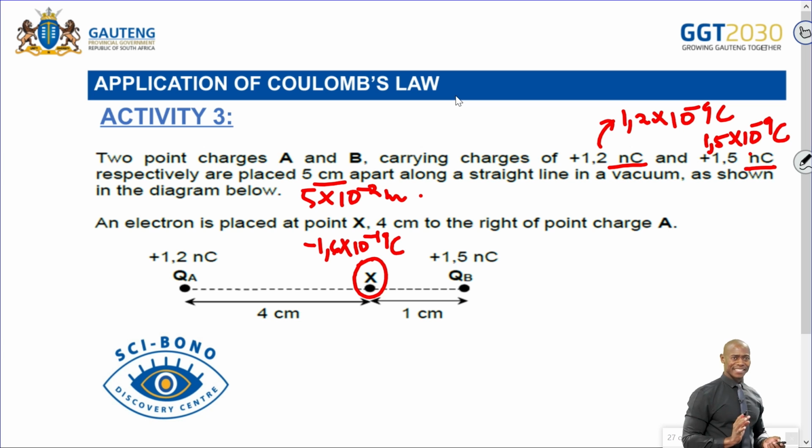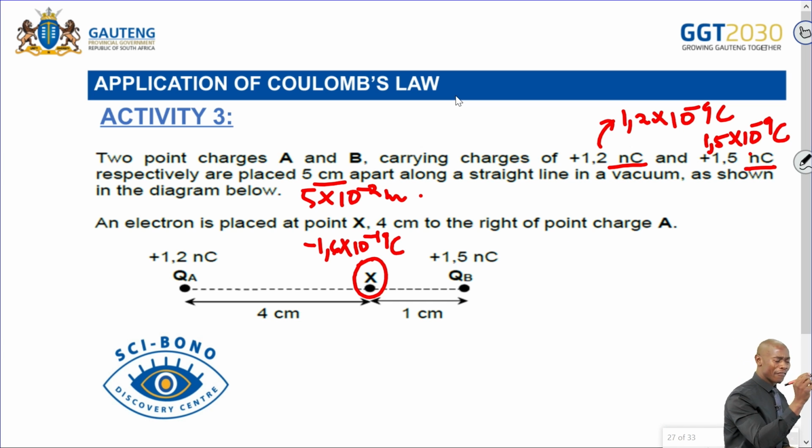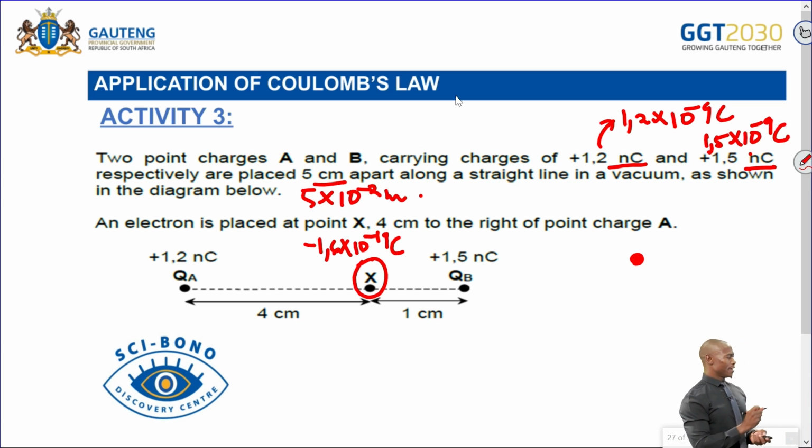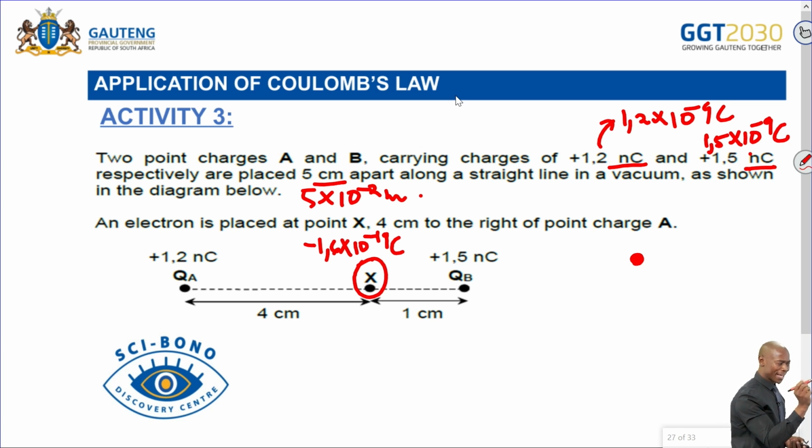Then here, learners, before the questions, what I want us to do is draw the free body diagrams. Focusing on point X, which is an electron, there is a force that QB exerts on X and a force that QA exerts on X. So we can draw a free body diagram for that. The force between X and QB is a force of attraction.